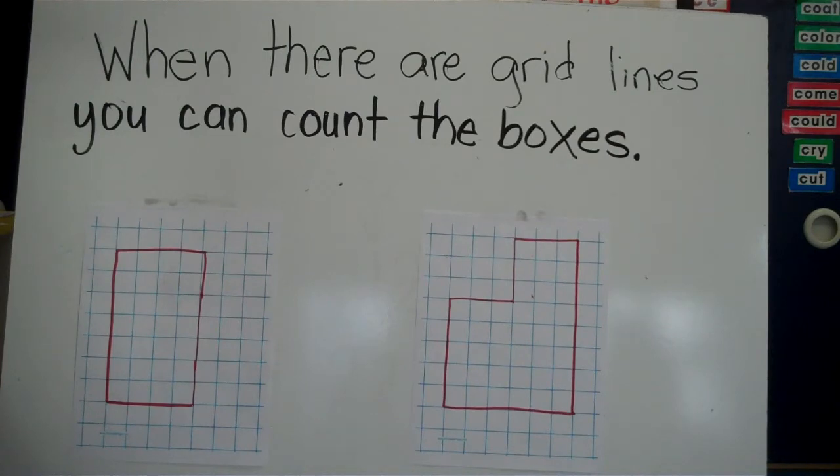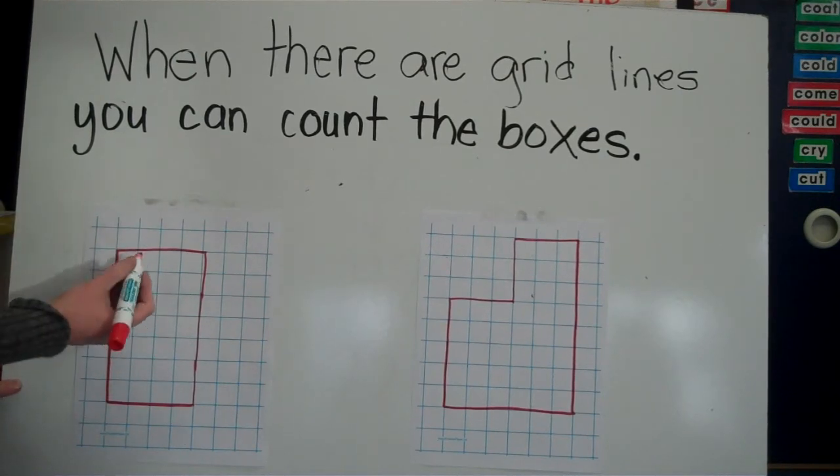So take a look at my first shape, and I can count the boxes inside to find the area. And when I count, I like to make sure that I'm putting a dot. You could number the boxes as you go, but you want to make sure that you're keeping track of which one you counted so you don't make a mistake. So I'm just going to put dots in mine.